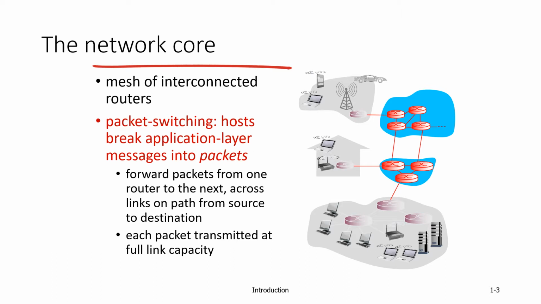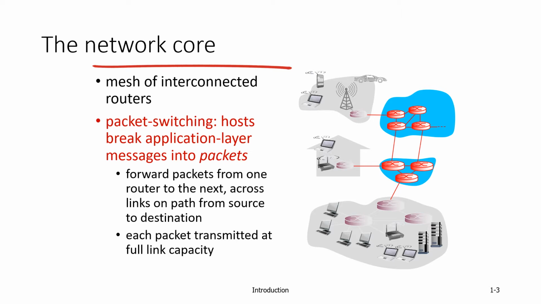The basic concept behind packet switching is that a host breaks down application layer messages into much smaller pieces called packets, and then these packets are forwarded from one router to the next across the links on the path from the source to the destination. The source and the destination can be a client computer, a web server, etc. Each packet is transmitted at the full link capacity.